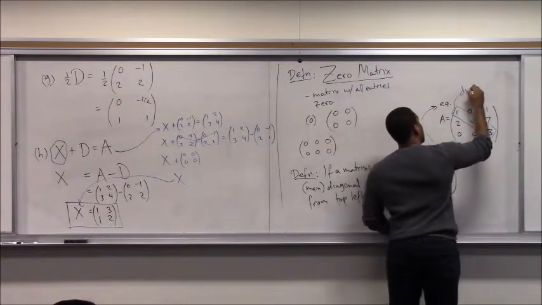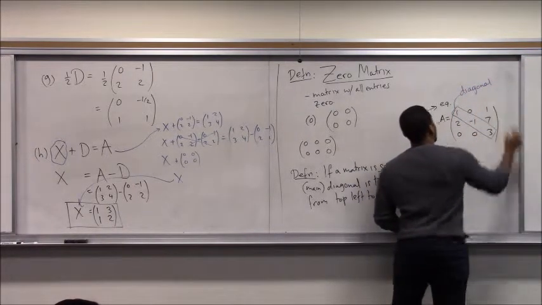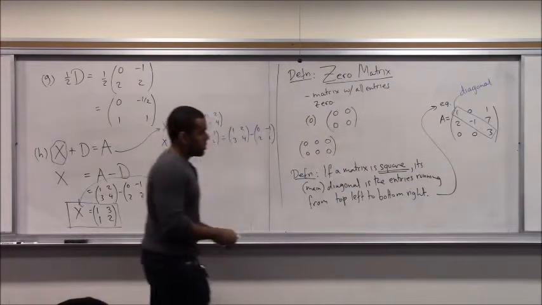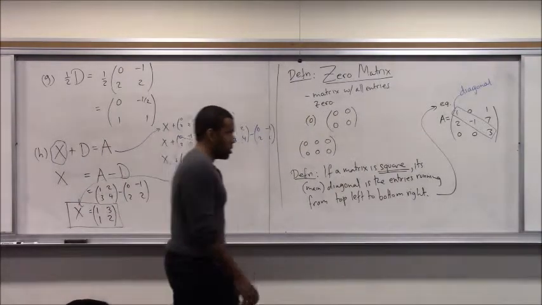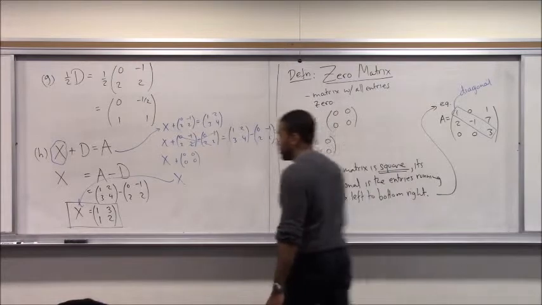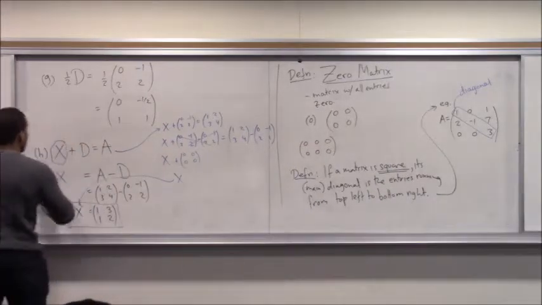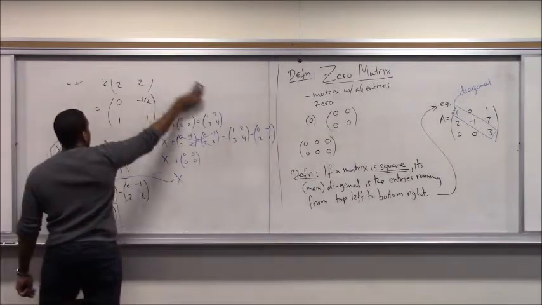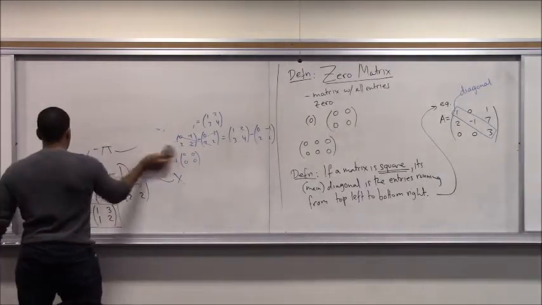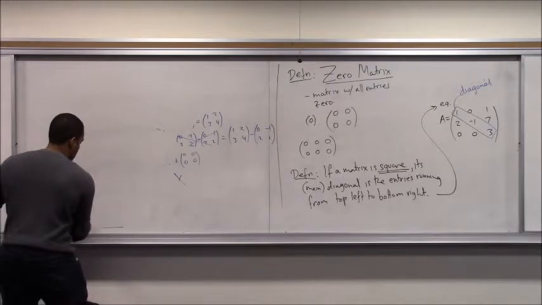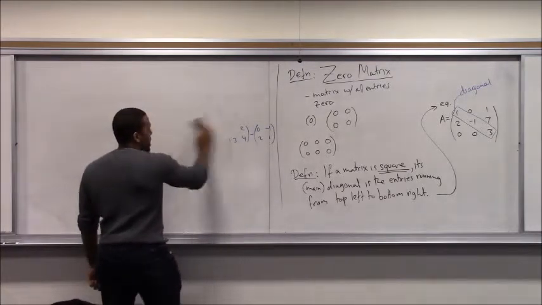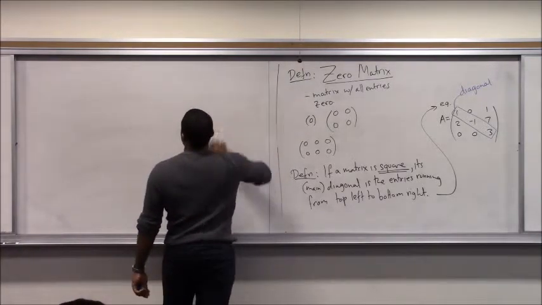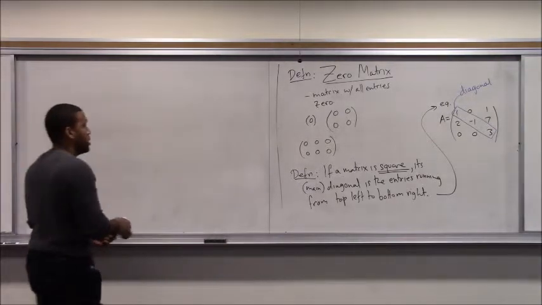That's the diagonal of a matrix, or the main diagonal. So a zero matrix is just a matrix where all entries are 0, and the main diagonal of a matrix is this list of numbers running from top left to bottom right.